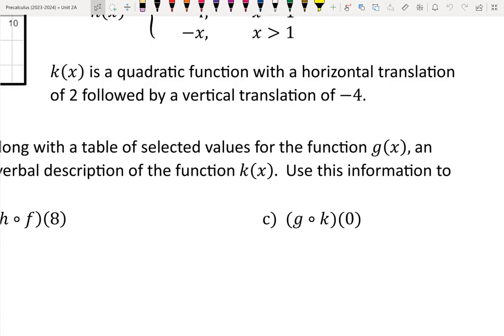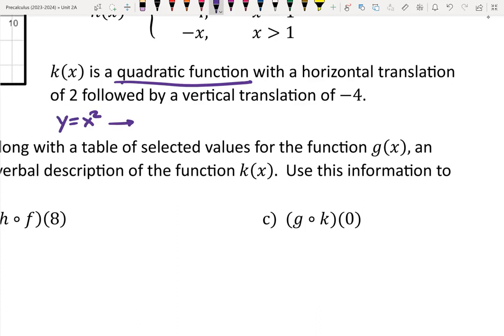So, it tells us k of x is a quadratic function. Since it is a quadratic function, we're going to be using the quadratic form. We would have y equals x squared, that is kind of our parent function.